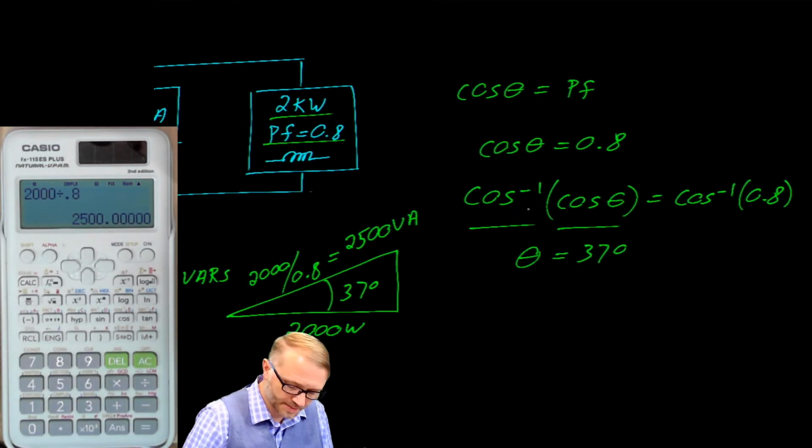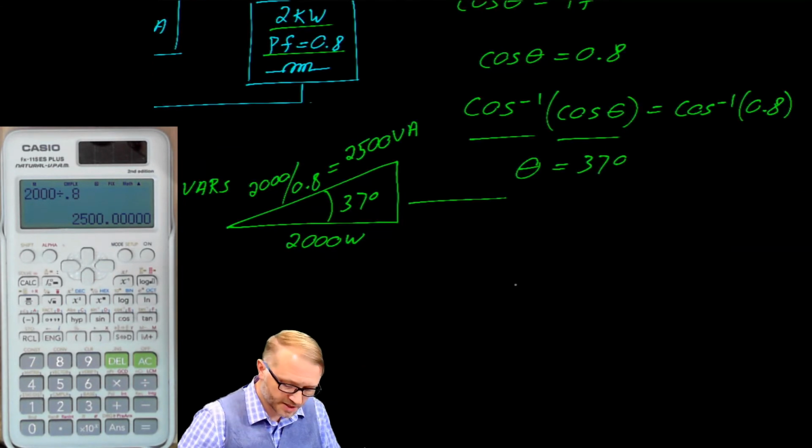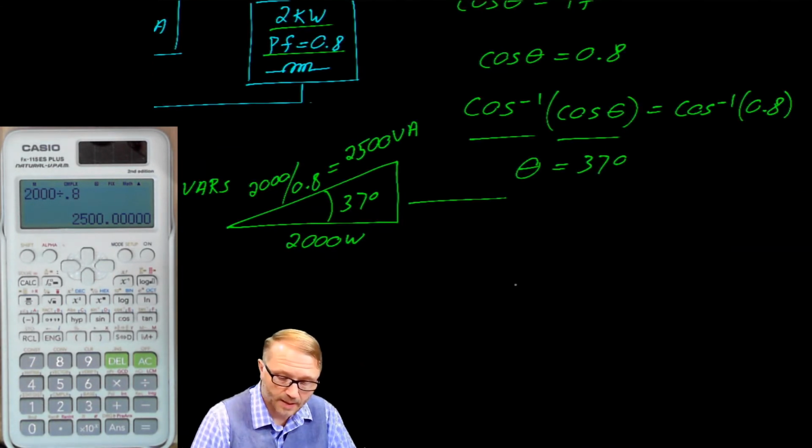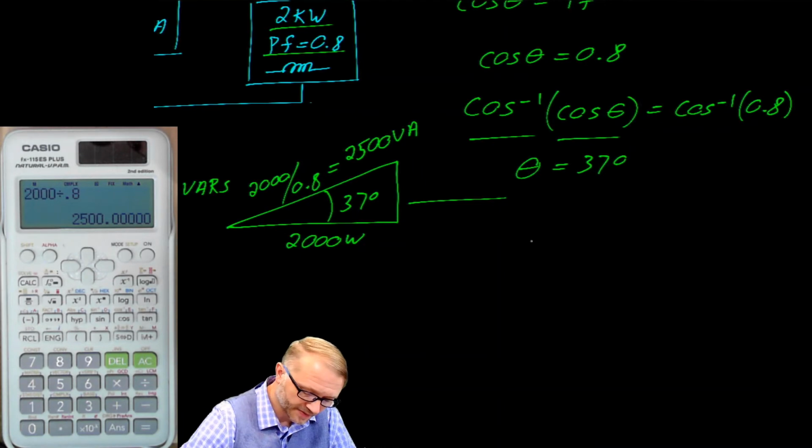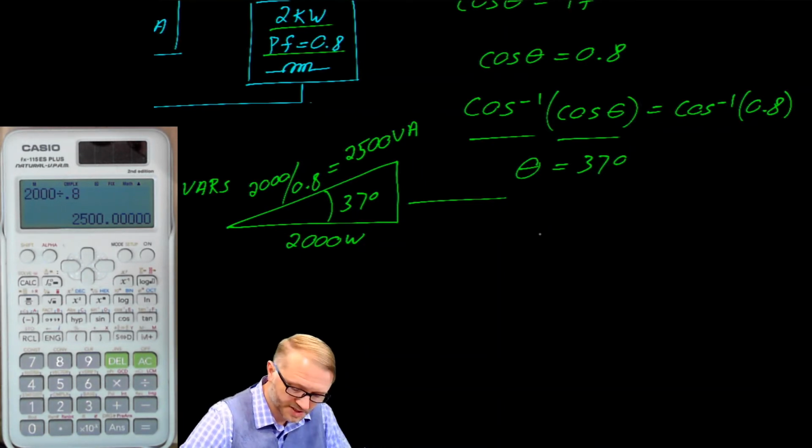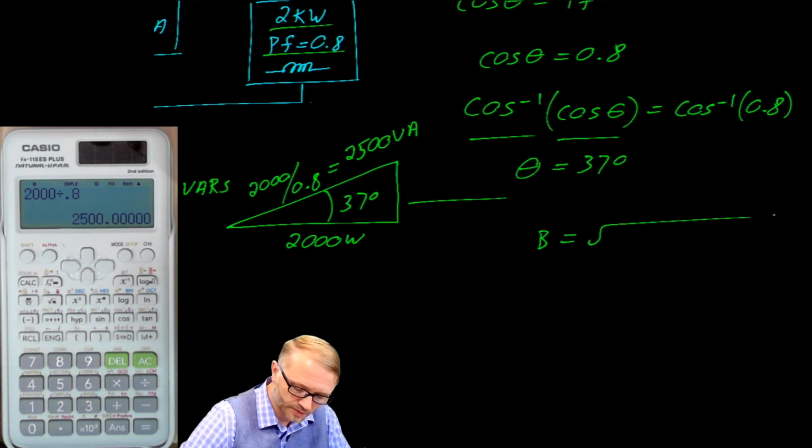And the last step in order to find the vars is you need to use more trigonometry, or you could use the Pythagorean theorem. We talk about a or b is equal to the root of c squared minus a squared.